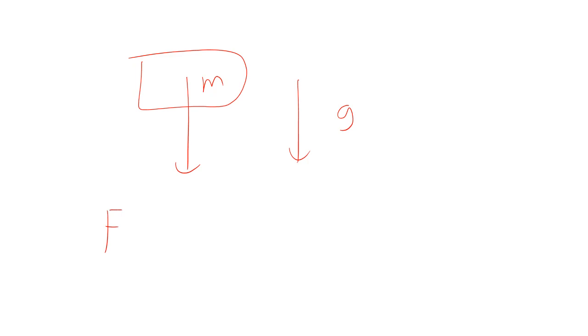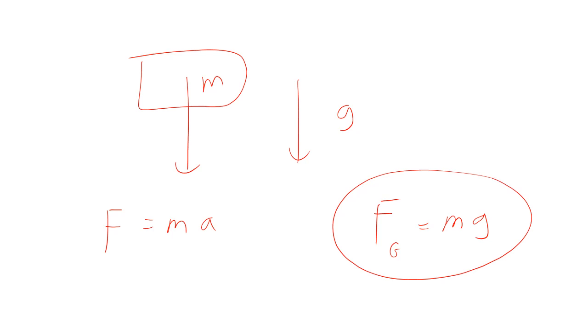Well, we know that F equals ma, but g is the acceleration. So the force due to gravity is going to be mg. Okay, so what that means is that a pound is how hard gravity is pulling on something.